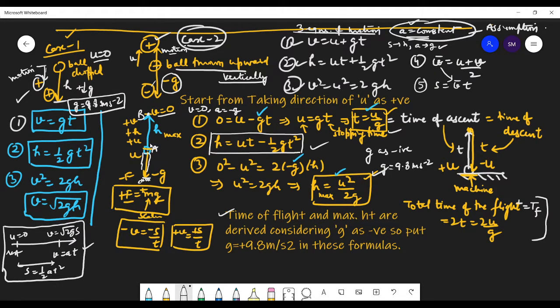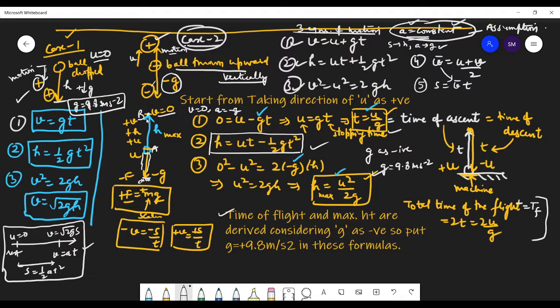The point I want to say is, whenever the ball is in the air, whether it is moving up, moving down, or at rest for a moment, because at maximum height velocity will be 0, all these times acceleration is constant, and that acceleration in this case is minus g.